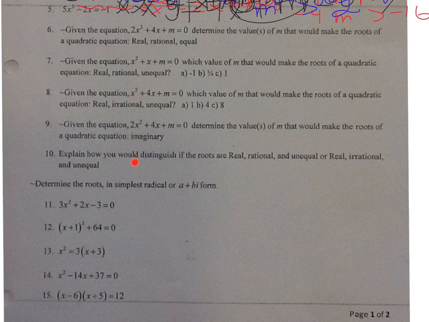It says, explain how you would distinguish if the roots are real, rational, unequal, or if the roots are real, irrational, and unequal. All right, so this is just asking if you know about the discriminant.